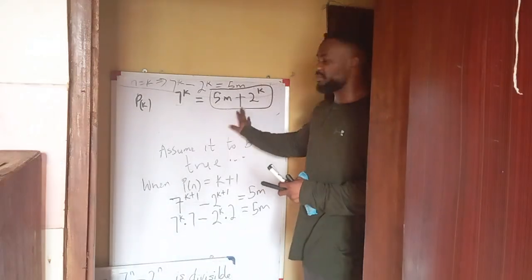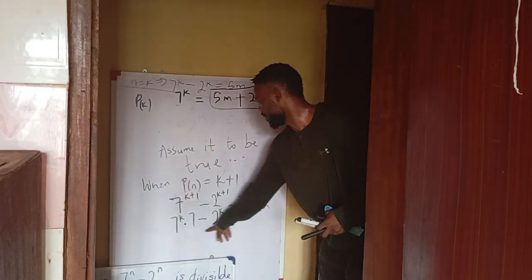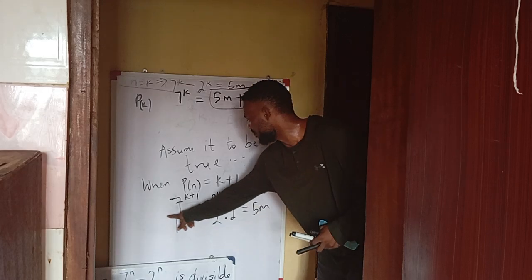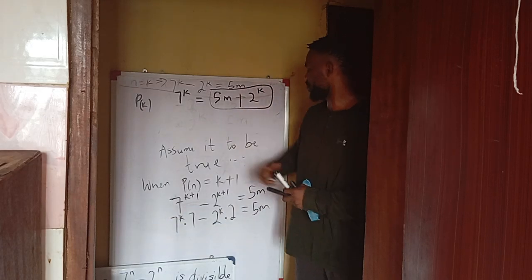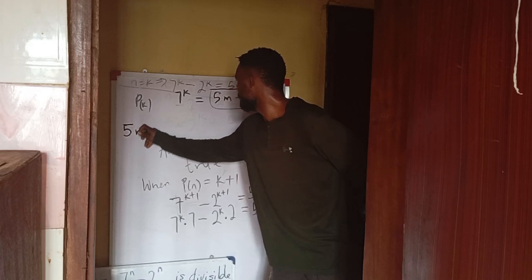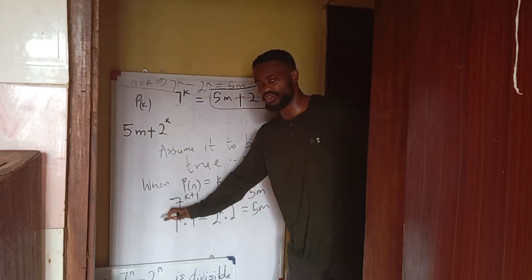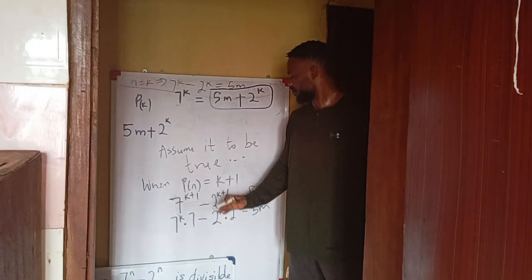I can choose to say let me replace 7^k with this. So right here, everything I have here for P of k, I will replace it with this, so that this becomes 5m plus 2^k. Don't be fast to collect like terms, so you don't make mistakes.